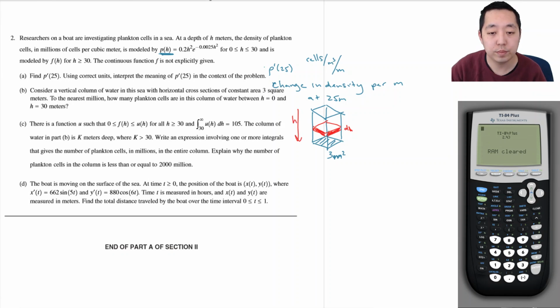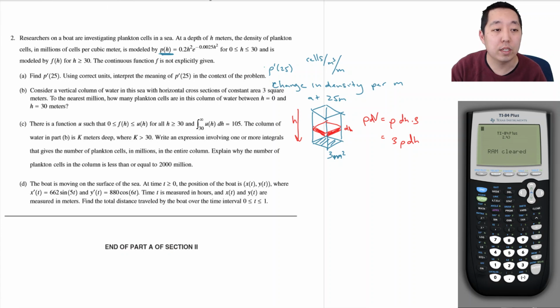The amount of plankton would be the density of plankton times the volume. And the volume is the area of this square, the cross-sectional area, times the depth, so 3 dh. So the amount of plankton in here is 3 rho dh.